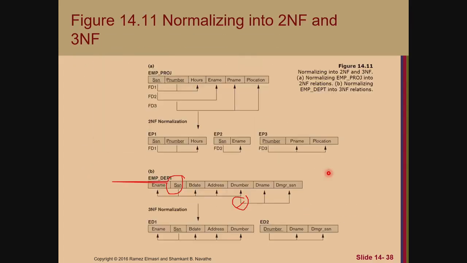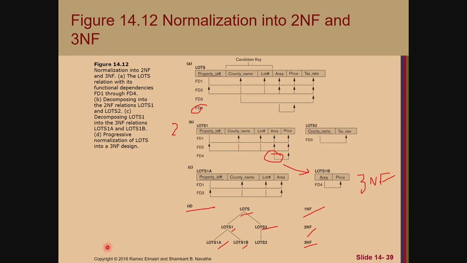Okay, let's go back to here. This one. This is a key, and we call this a prime attribute. And also in the candidate key, we have two attributes also called prime attributes.